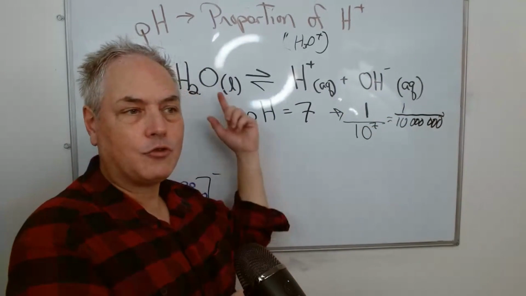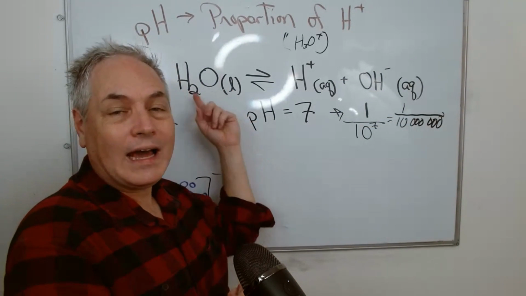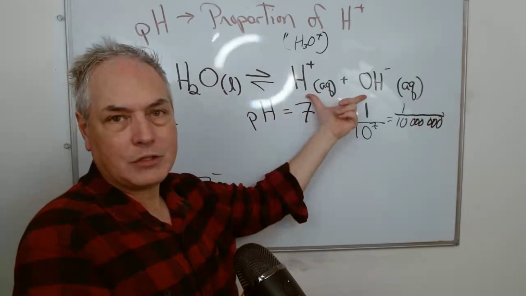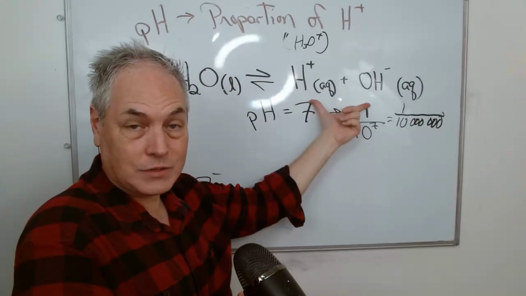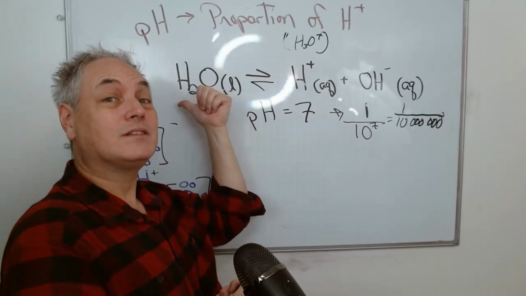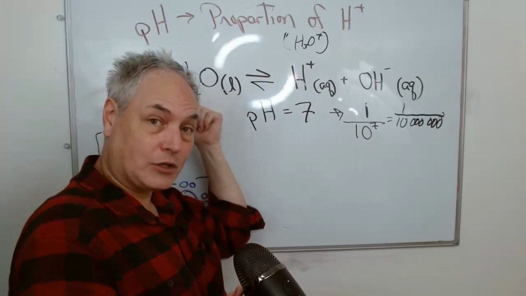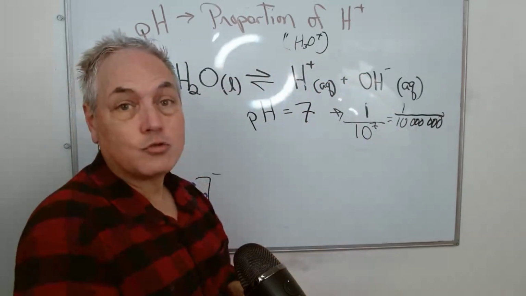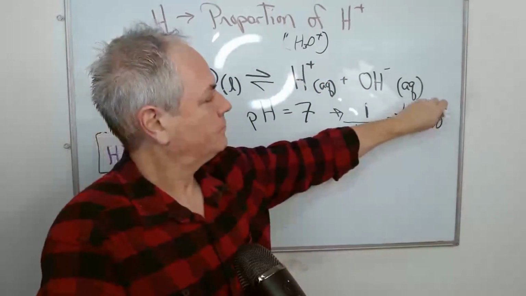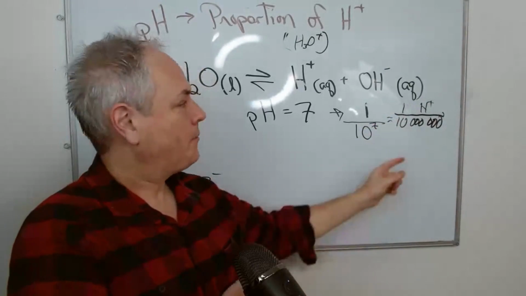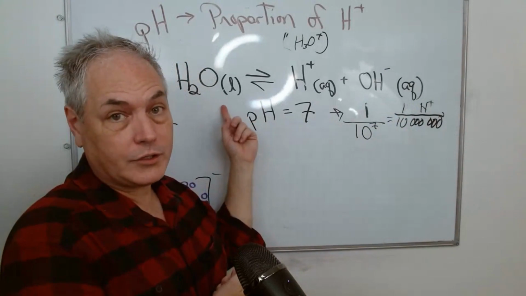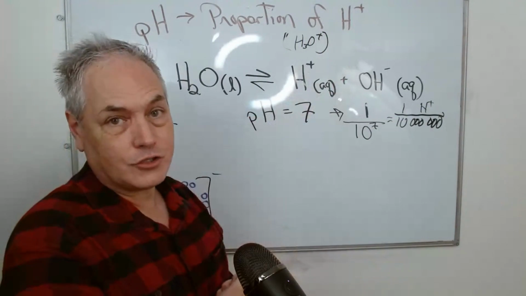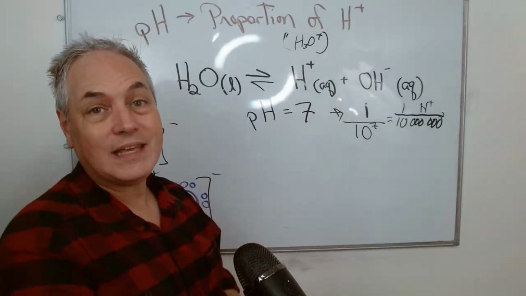So if you have pure water, out of 10 million water molecules, one molecule will be transferred to this, and as soon as it goes here, it goes back to water, but somewhere there's another water molecule that will be going this way. Having an equilibrium means that there's one hydrogen ion per 10 million water molecules. So we're talking about the proportion of positive hydrogen ion. This is what pH 7 is.